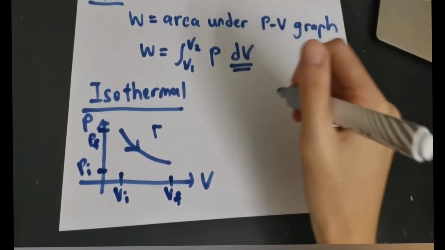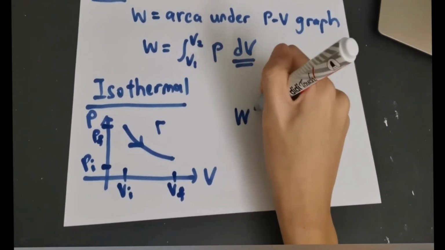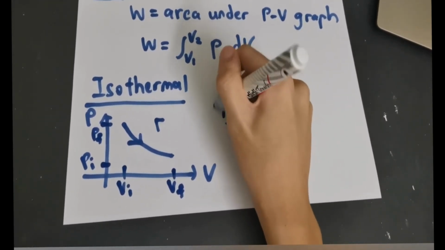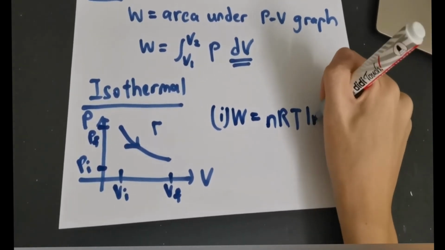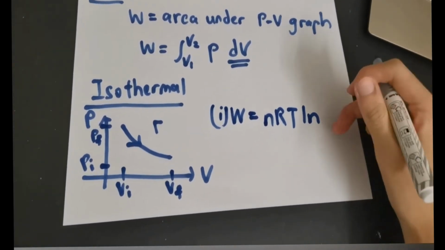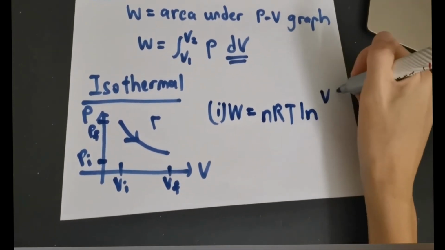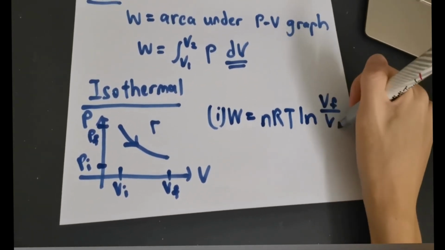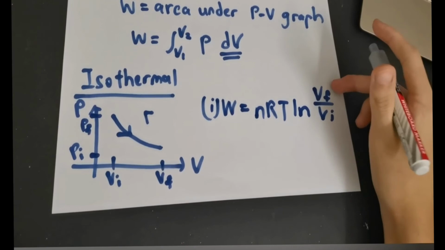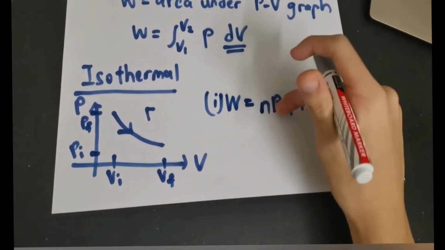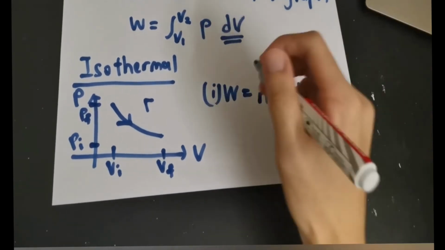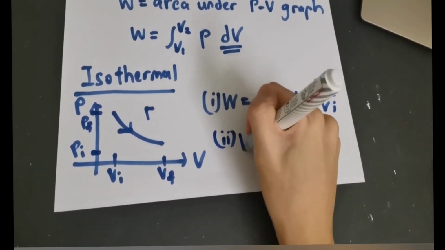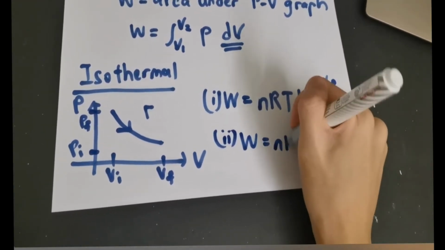So to find the work, there are two formulas for isothermal. nRT ln, the first one uses the volume: V final over V initial. If you're lazy to remember, just nRT ln higher volume over lower volume. Another one uses pressure.